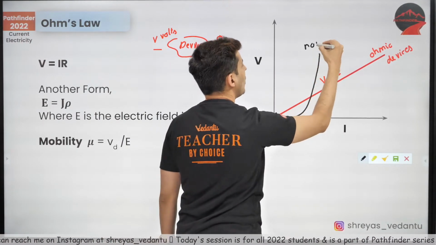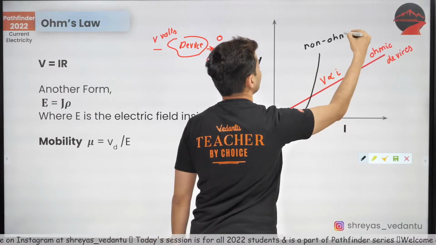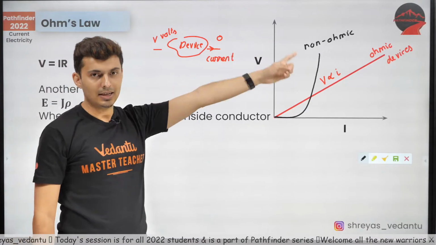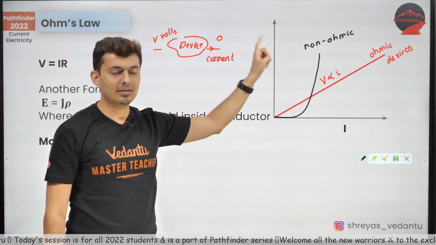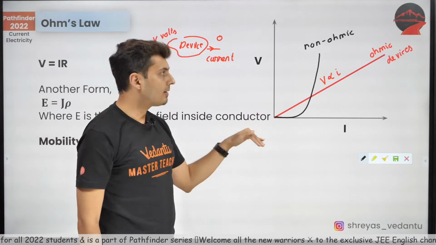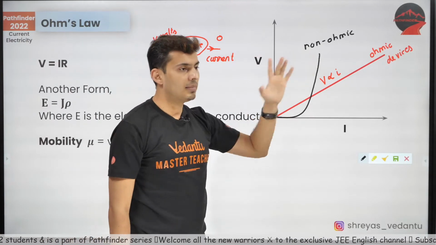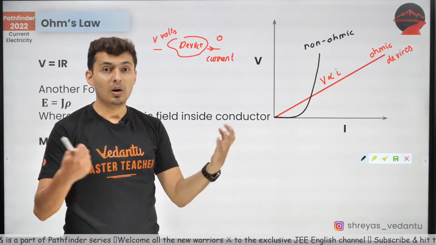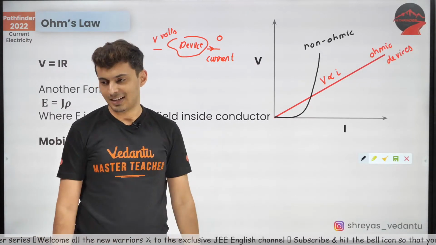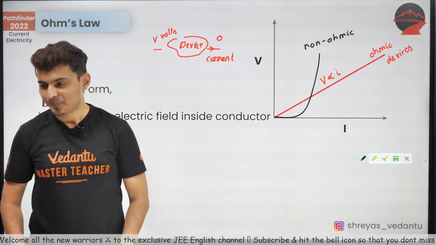So these are non-ohmic devices, and you will study more about them in later chapters. Semiconductors are a very good example of non-ohmic behavior. The resistance changes dynamically. Diodes or transistors or semiconductors have very different characteristics. I hope this is clear.